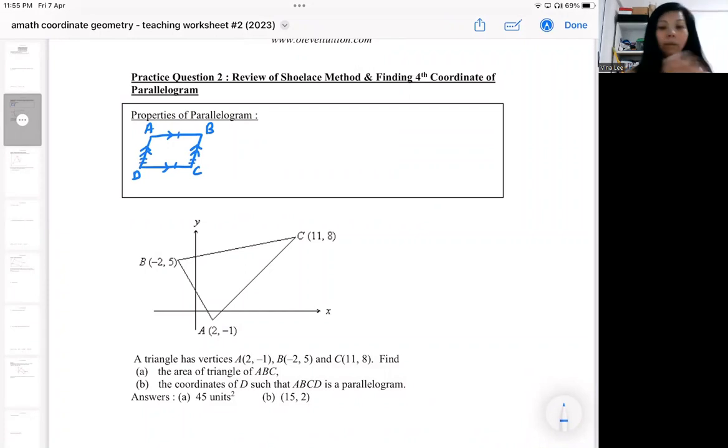Okay, so I will not be emphasizing this, but take note of same gradient. Same gradient means the gradient that you calculated for AB is the same as the gradient you calculated for DC. Okay, so sometimes you might need it for finding the equation.